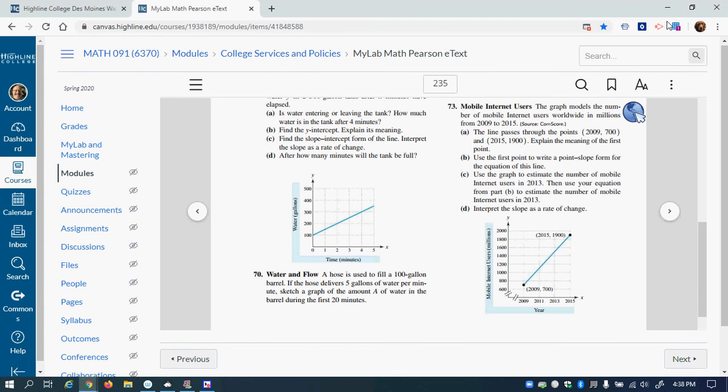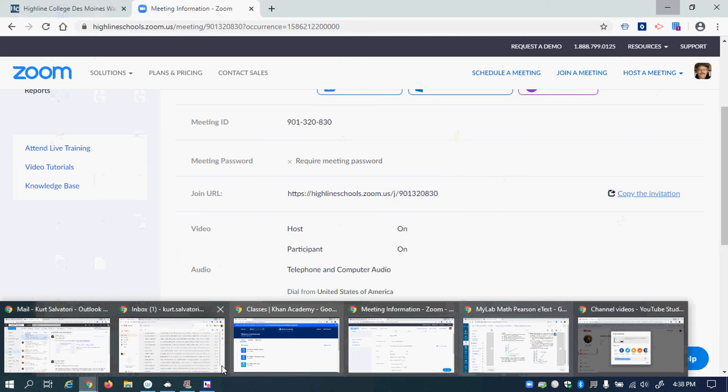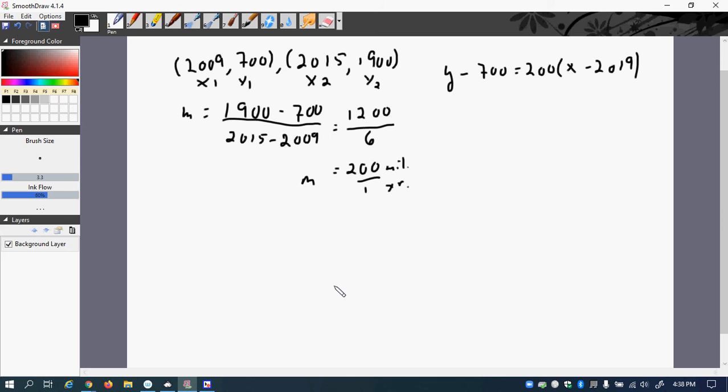Now let's use the equation to estimate the number of mobile users, because that's what they want us to do next. I'm going to put in 1300 for the x. So y minus 700 equals 200 times 1300 minus 2019.